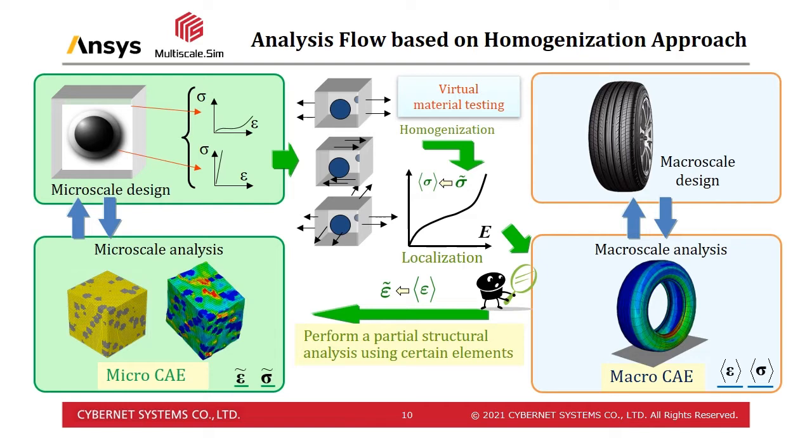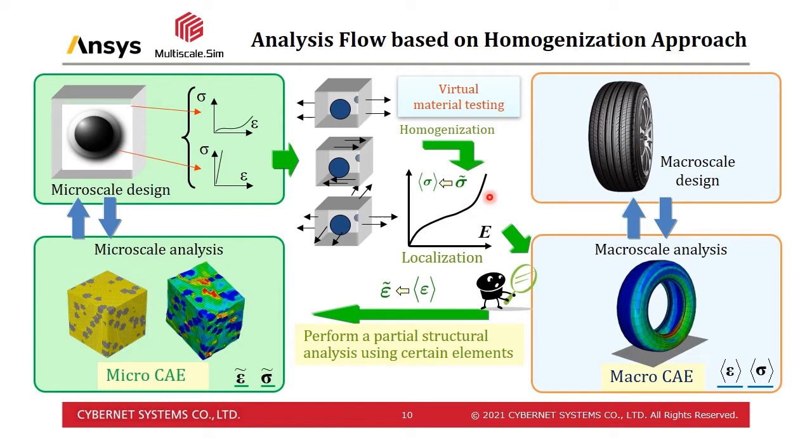By using this FE model, virtual material testing, such as uniaxial tension or pure shearing tests, is carried out in Ansys products. As a result, macroscopic material responses are obtained for each deformation mode. Finally, equivalent material constants can be identified by curve fitting these responses.